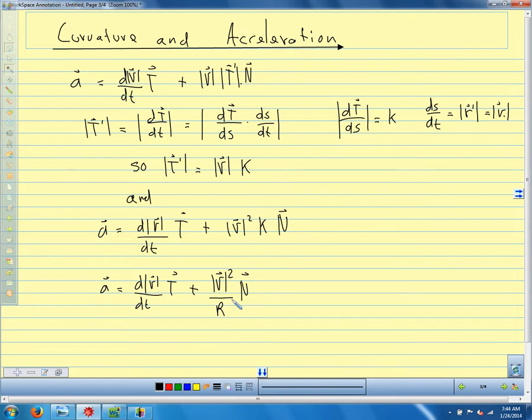So when you talk about circular motion in physics, the acceleration is v squared over r. So that's a familiar expression. There's our connection, made our connection between curvature and the normal component of acceleration just a little more explicit. Questions there?